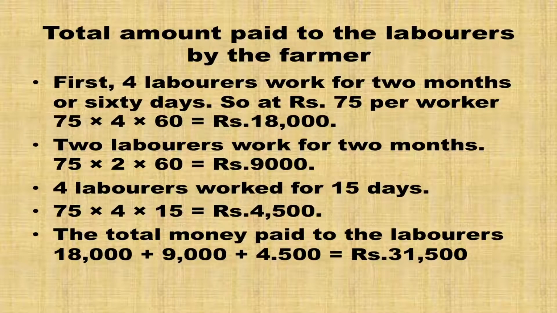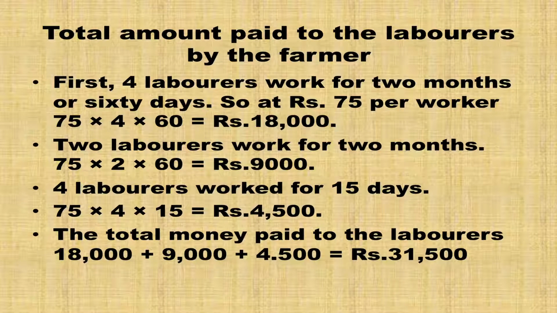What is the total amount paid to the laborers by the farmer? Since the first 4 laborers work for 2 months or 60 days at a wage rate of 75 rupees per worker, it comes to be 75 into 4 into 60, which is 18,000. Then the 2 laborers work for 2 months.